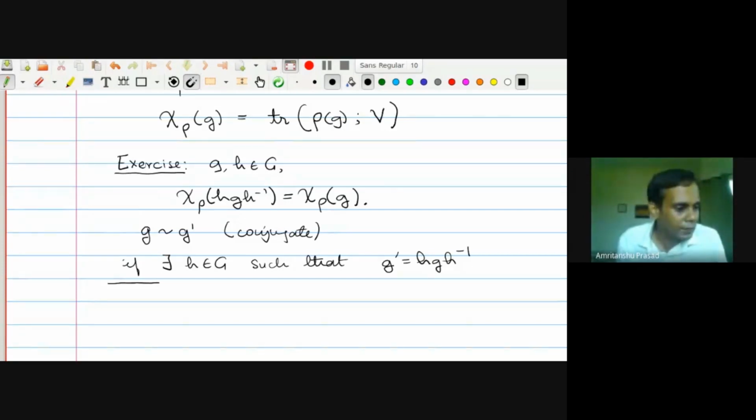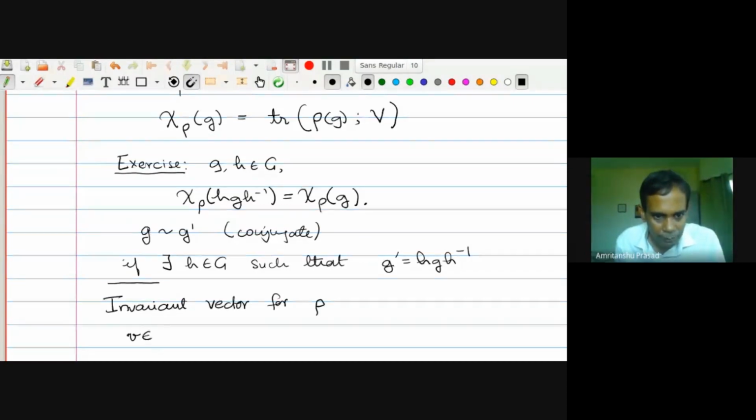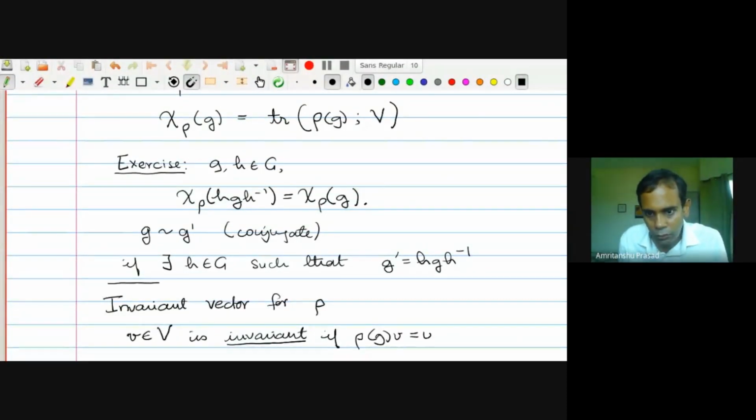the invariant vectors. So let's define the invariant vectors. This is for a representation ρ. So v in V is said to be invariant if ρ(g)v is equal to v for all elements of the group.